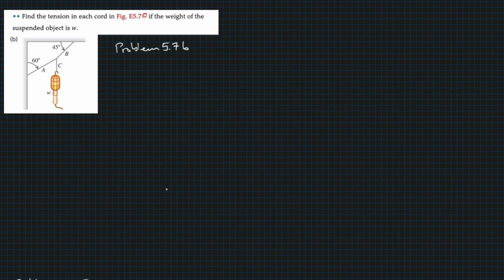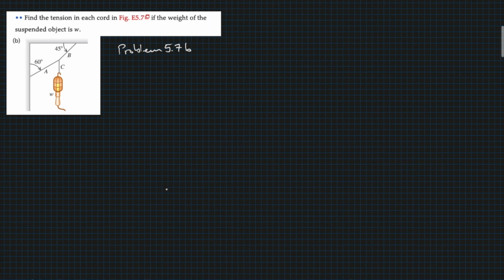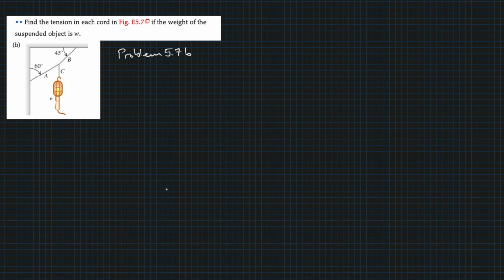Okay, problem 5.7b, very similar to what we had going on in the previous problem. Same sort of deal here. We have to recognize that our point of interest is this intersection point of the three chords in question. And so I'm going to draw that free body diagram real quick right here and say that tension B is going off this way, like this, TB, and tension C, same reasoning as before, I'm just going to call it W because it's connected to the object that has some weight.